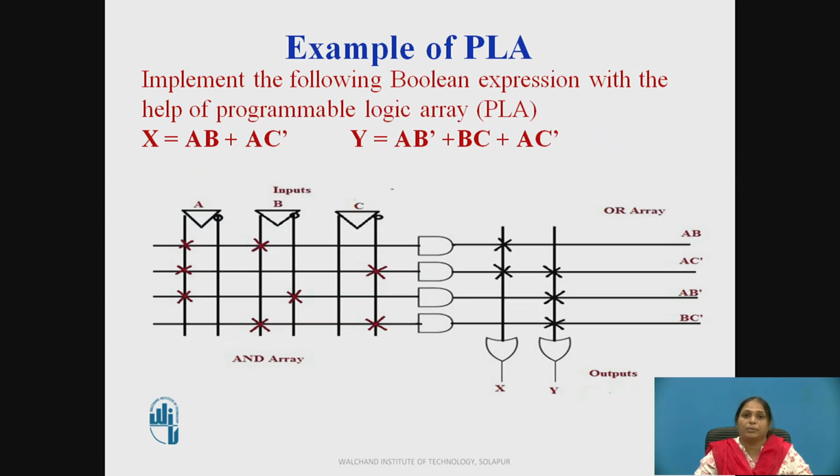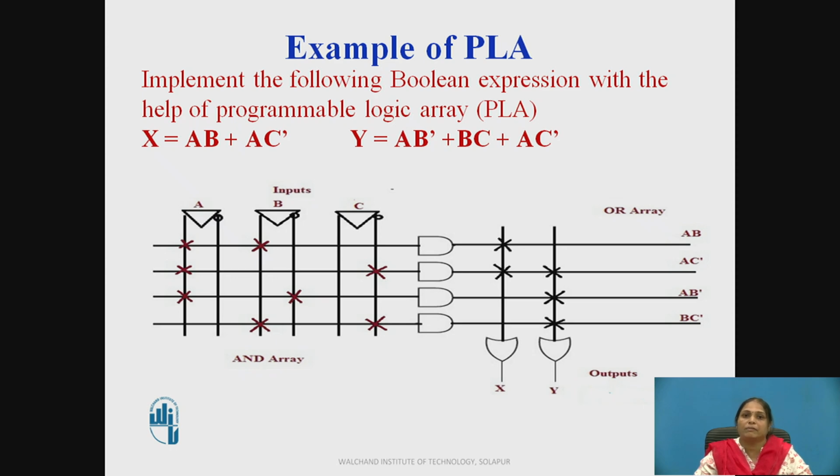Next, we'll implement PLA with the two expressions x and y. Here x is given by the expression AB plus AC bar, and y is given by AB bar plus BC plus AC bar. See here, for 5 terms we are using only 4 terms. That is the difference between PAL and PLA.